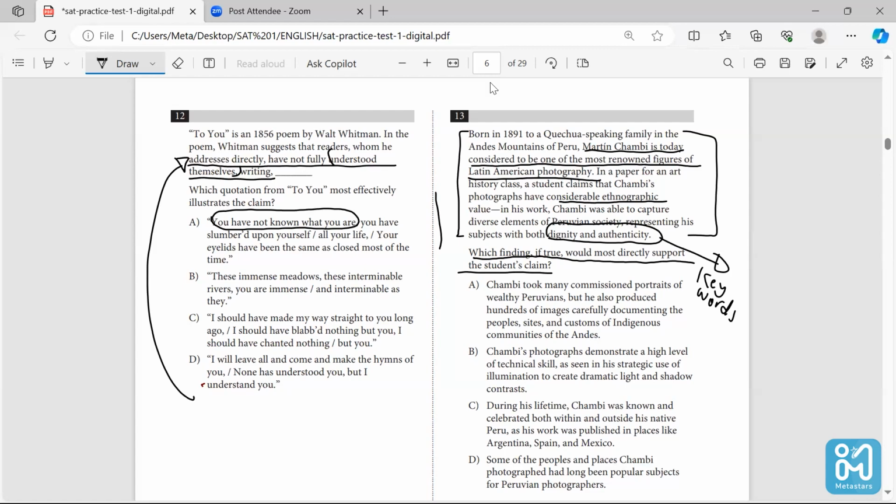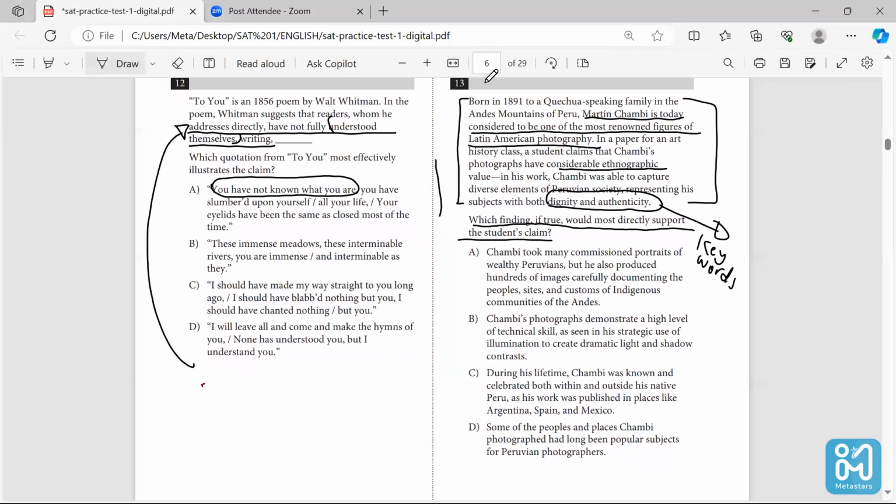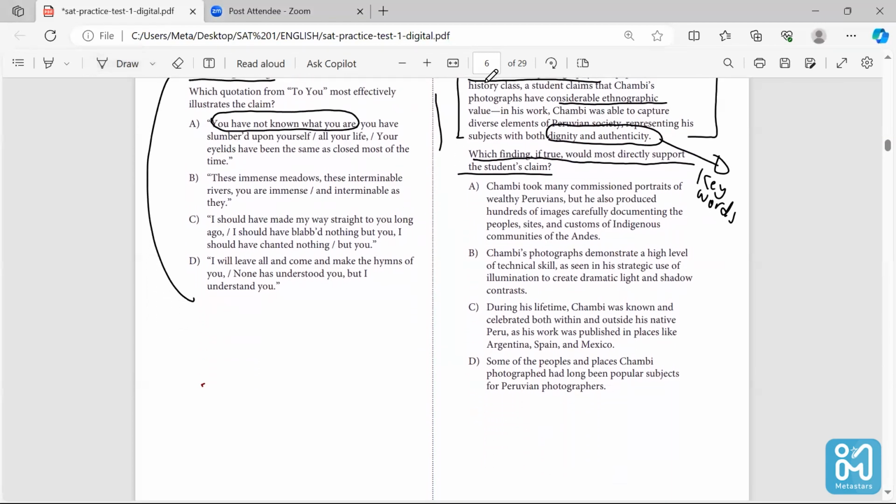Basil. Basil. The answer is C. Why would you say that the answer is C, my brother? Because he was able to catch diverse elements of Peruvian society. Okay.